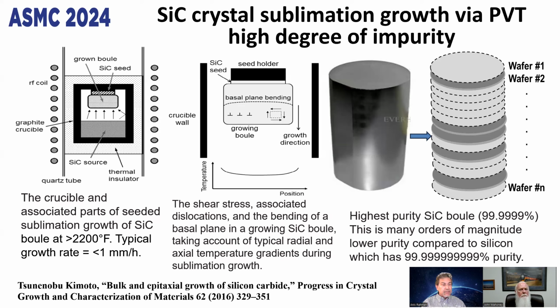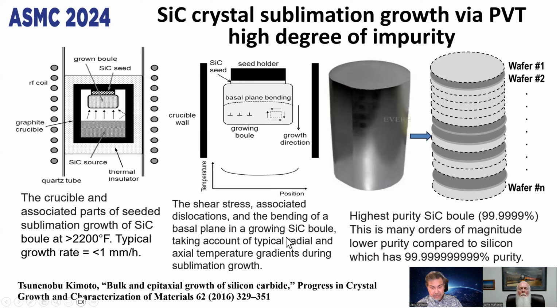So this is the most common process deployed in the silicon carbide industry up until today, because by this process, one can grow a longer boule than other techniques. The cartoon in the middle, also from Kimoto's work, shows the kinds of difficulties that can happen when the boule is growing, such as basal plane bending, etc., that can happen from the seed crystal as the boule grows.